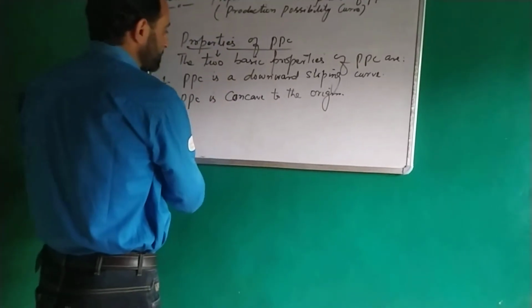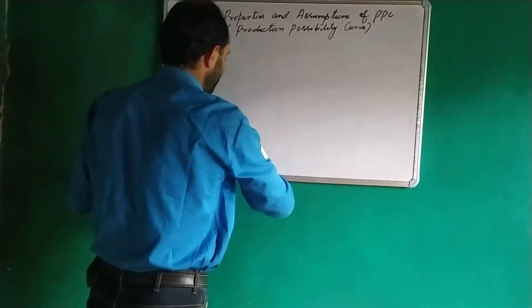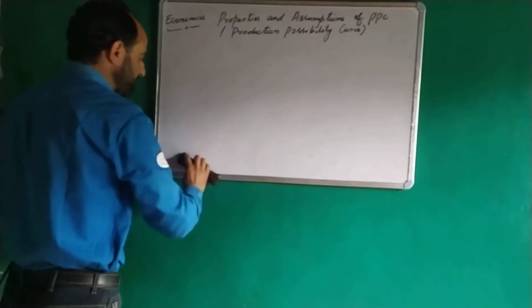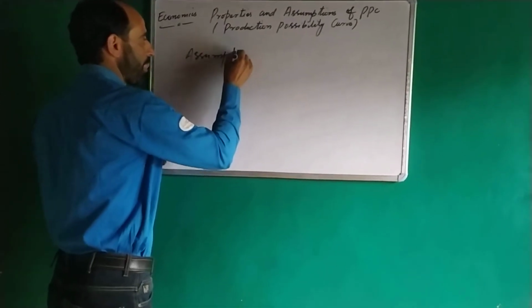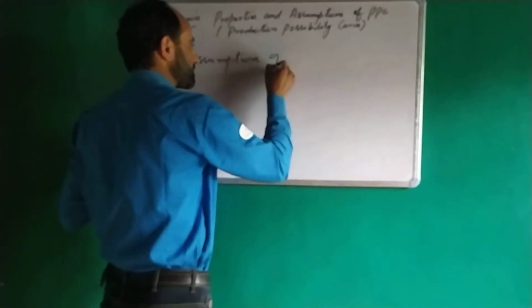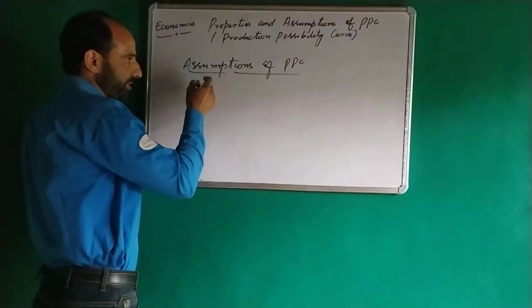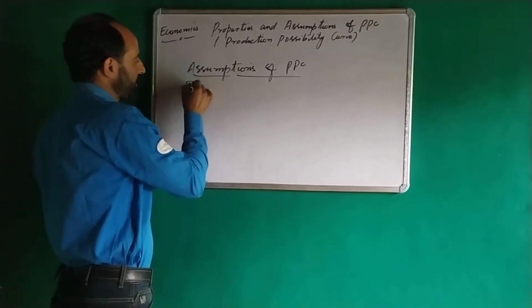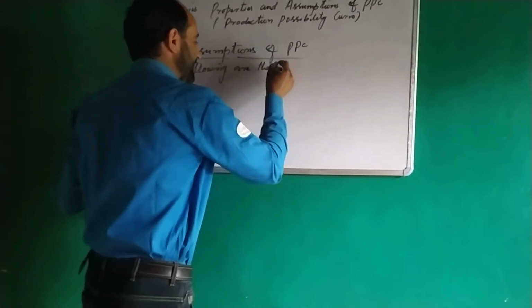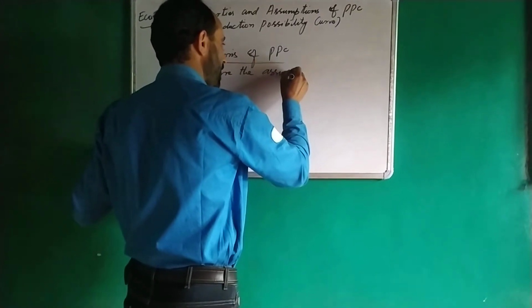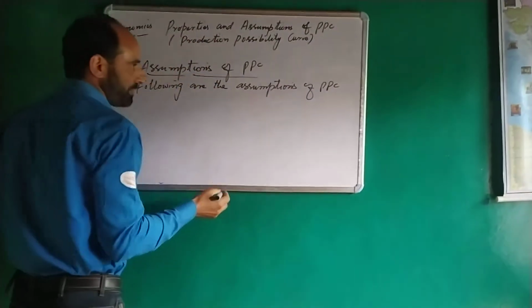Then there are assumptions of this PPC. What are the assumptions of production possibility curve? Following are the assumptions of PPC.